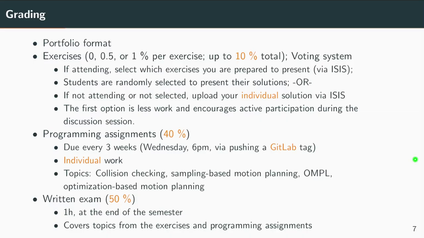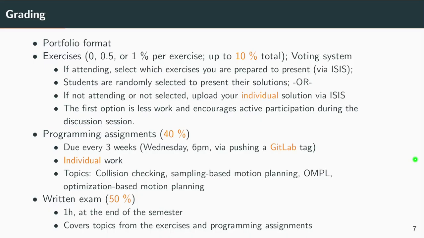So the idea is that you try to attempt solving the exercises beforehand, not all of them, just pick a task that you like, try to solve it, and then before the discussion session, there's a little form where you can just check, oh, I did this, I did that, and then we will randomly select in the discussion session one of the people who have selected that they are capable of presenting it. And that should hopefully foster interactions a little bit.